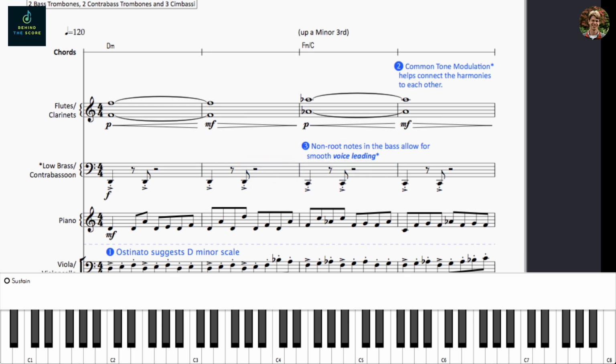Notice the bass doesn't simply play F. So it's as if the bass moves in an opposite direction to the harmony. And I think this makes for a very compelling chord change.